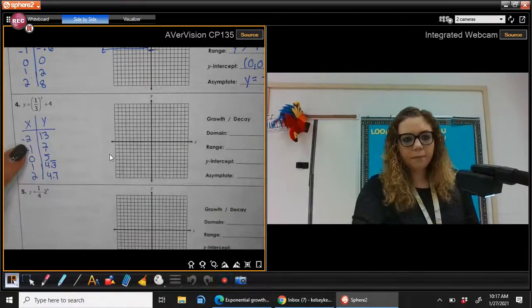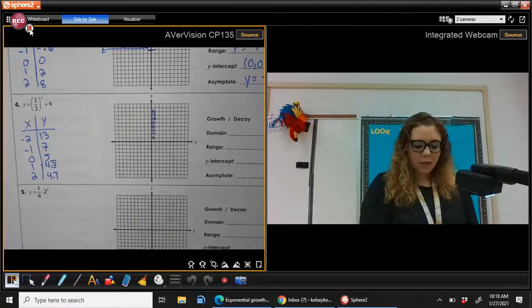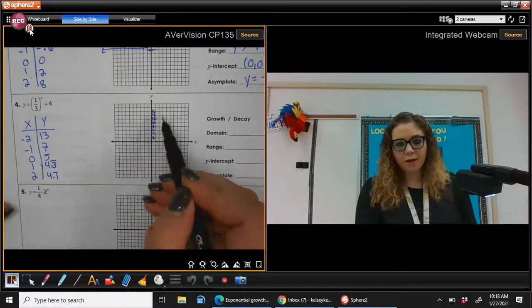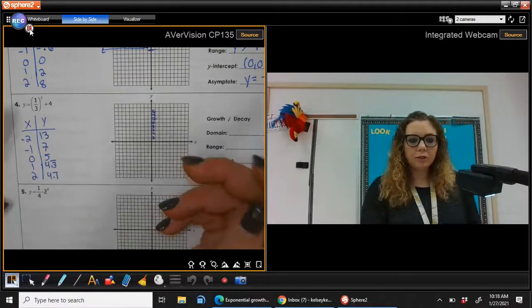Okay. I'm counting by 2's for my y-axis to make it easier to graph.